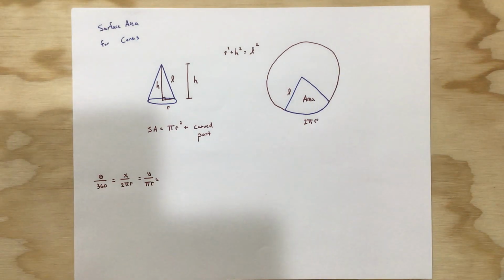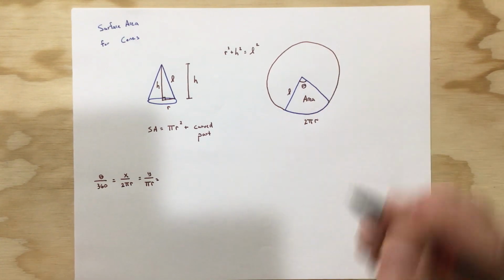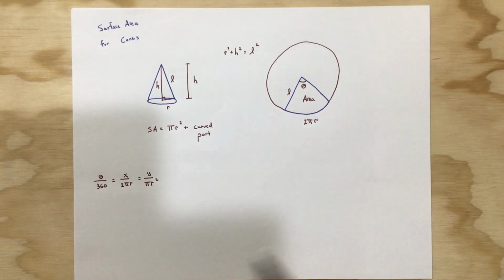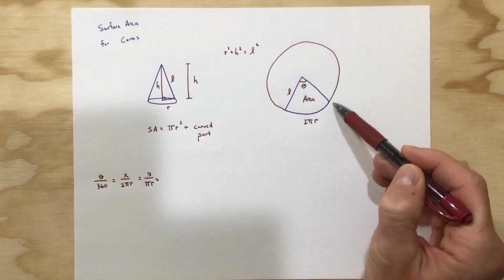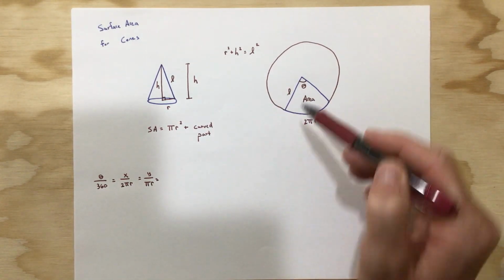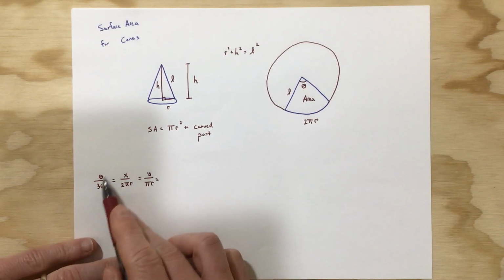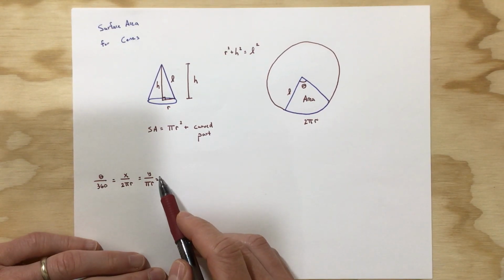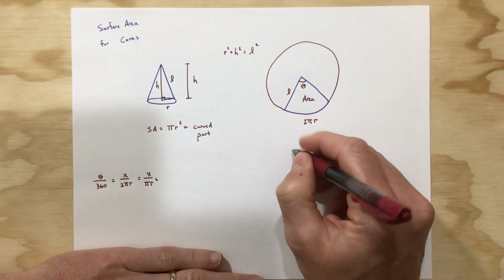We said those proportions are the same. This is some angle theta, which we don't know, and we're not even going to find out. But those three things are in the same proportion. Theta is to 360 as this distance is to the big distance. This area is to the total area. And what we're going to do is look at this sector.